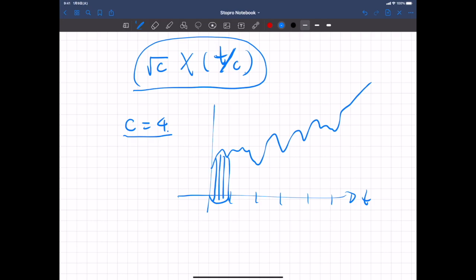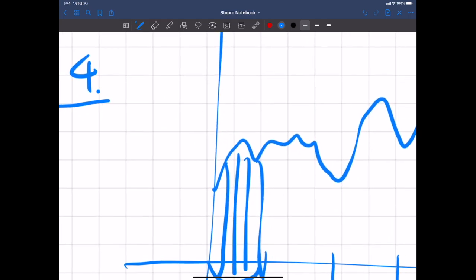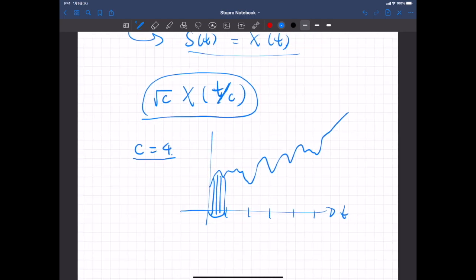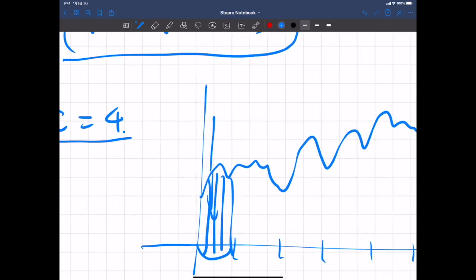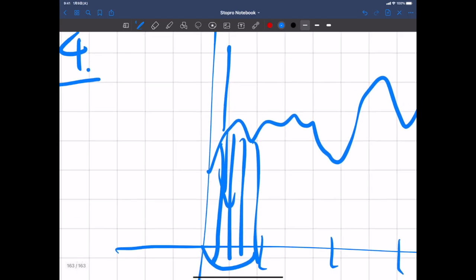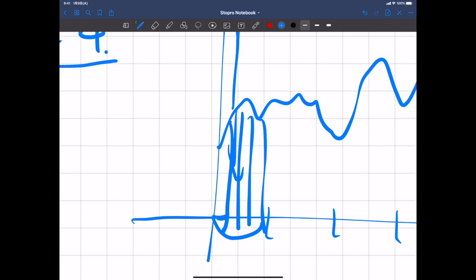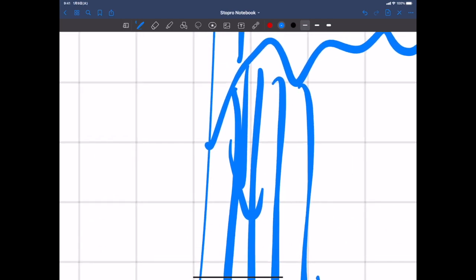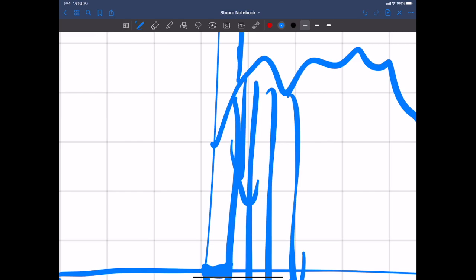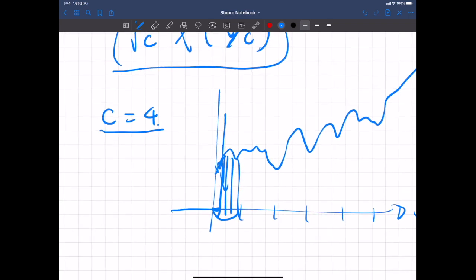Then if we also expand the spatial dimension by the square root of 4, so that is twice. So if we look at a 4 times smaller region of time, but magnify the spatial dimension by 2 times, then this Brownian motion still looks the same as the original Brownian motion.